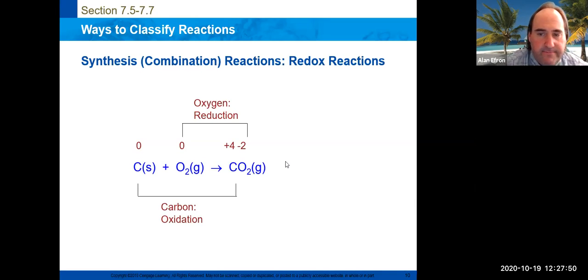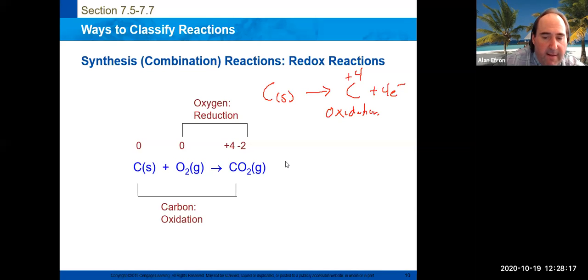And also, if we wanted to write these things to represent what's happening, we could write something like carbon going to carbon with a +4 in this particular case. Again, losing 4 electrons here. And this would be known as the oxidation half reaction.